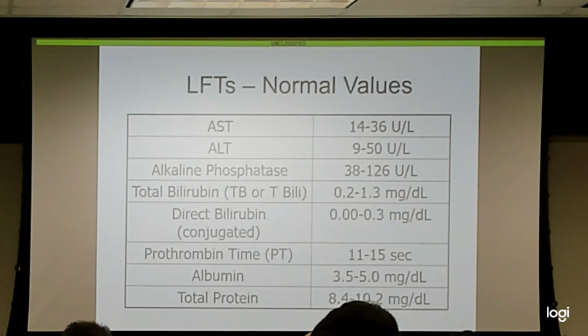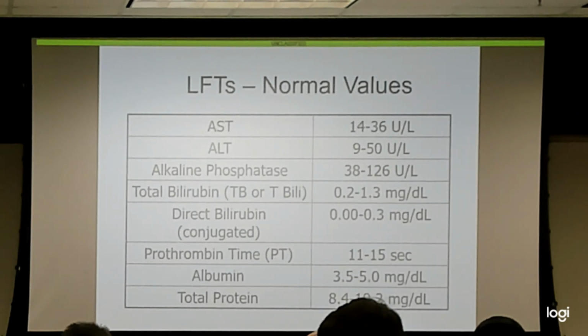And so these are some normal values. I'm not going to ask you normal values and what looks elevated to you, because you're always going to have some sort of a pocket guide to tell you what normal is. But you've got your AST, ALT, alk-phos, total bilirubin, or T-bili. You can get your direct and indirect bilirubin and add those onto your labs, but it's going to be lab dependent.